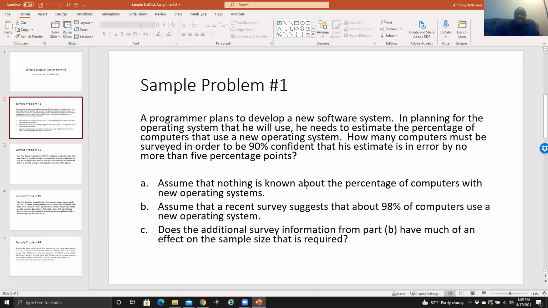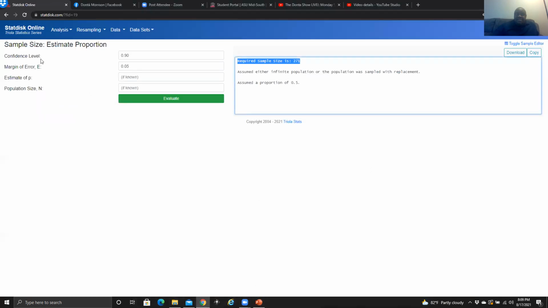Now, part B, you're given this. We're assuming that a recent survey suggests that 98% of computers use an operating system. So we know something about the estimates. Okay. So now let's go back to StatDisk. The confidence level is still going to be 0.90. The margin of error will still be 0.05.